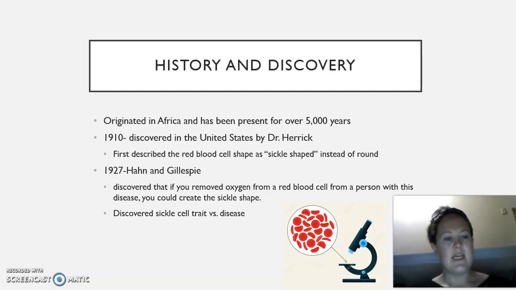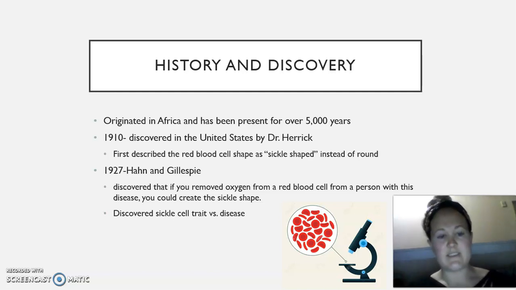And then in 1927, Hahn and Giuseppe discovered the difference between sickle cell trait and sickle cell disease, which I'll go more into shortly. They basically saw that if you removed oxygen from a red blood cell from a person that had this disease, this is when you would create the sickle shape.